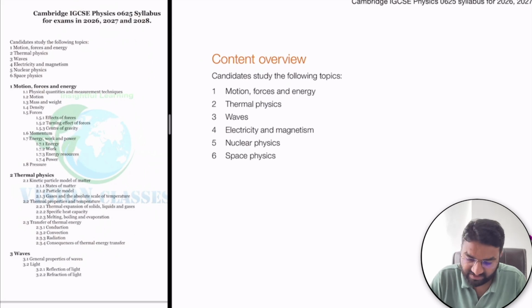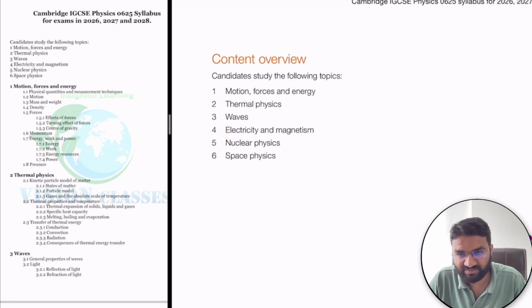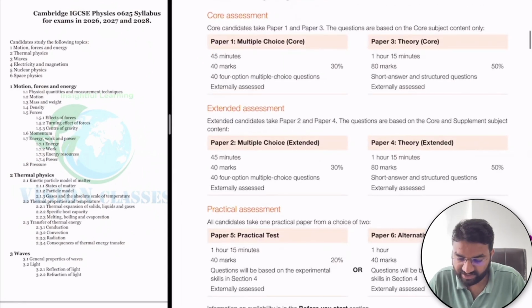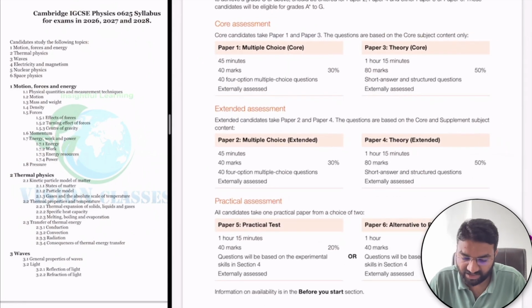You have 6 topics: motion, forces and energy, thermal physics, waves, electricity and magnetism, nuclear physics, and space physics. These were in the earlier syllabus as well, so there are no changes at all. Subject assessment: for core students, you have to give paper 1 and paper 3.